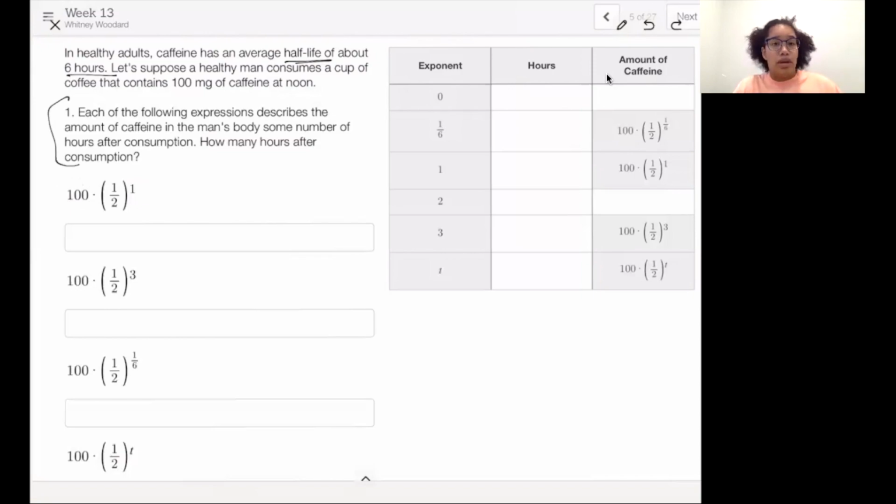What is the 100 representing? 100 is telling me how much caffeine, the starting amount. When this person first consumed caffeine, they had 100 milligrams in their system.